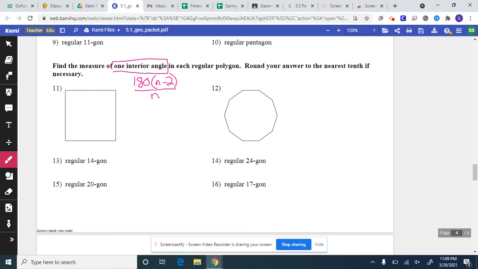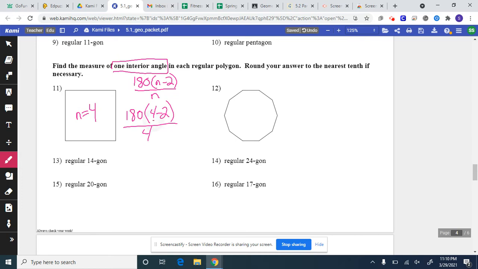So for number 11, there's 4 sides, so n equals 4 for this one. I'm just going to plug the 4 in for both of these n's. So it's going to be 180 times 4 minus 2, and then divide that whole thing by 4.